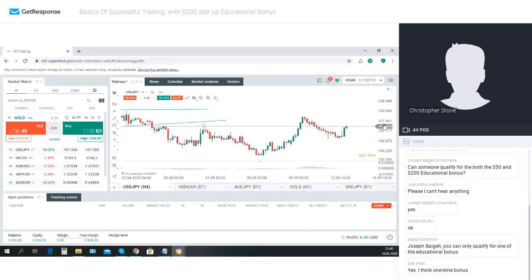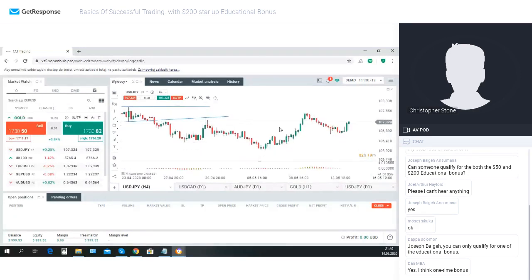I told you about this 4-hour chart on dollar yen, setting stop loss and setting take profits.